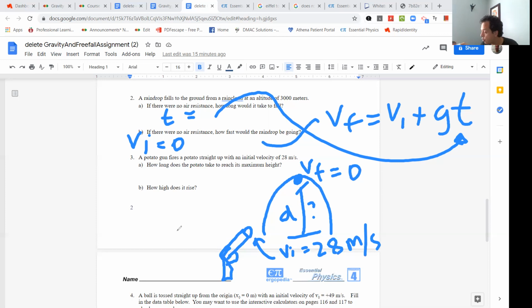And we just need the formula for time. So we're going to use this one, but we're going to solve for t.